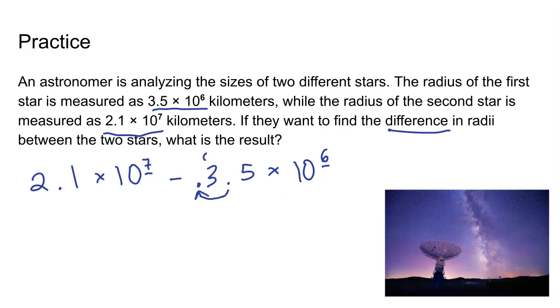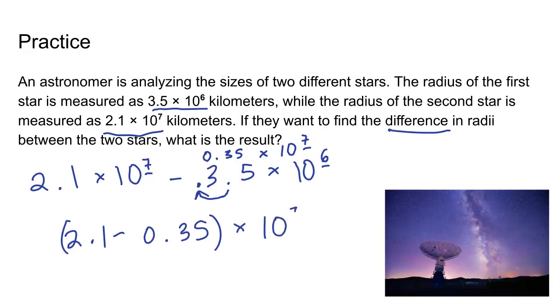So the new coefficient becomes 0.35 times 10 to the 7th. And now you have the same exponents, so go ahead and subtract the coefficients, which gives you 2.1 minus 0.35 times 10 to the 7th power.